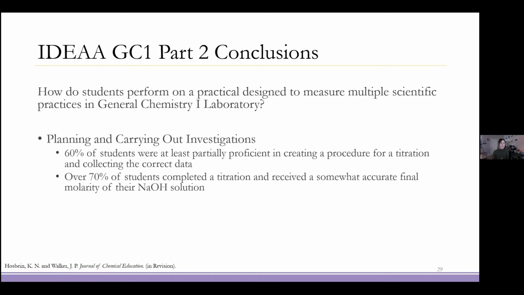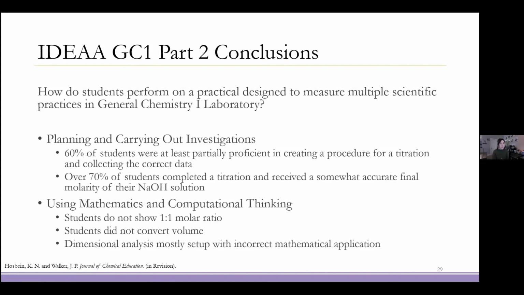And over 70% of students were able to complete that titration and get a somewhat accurate final molarity of that solution. And then again, students have trouble with algebra in this mathematics and computational thinking, so we need to rethink how we're asking them to do this science practice.